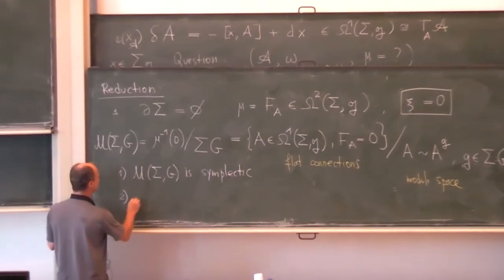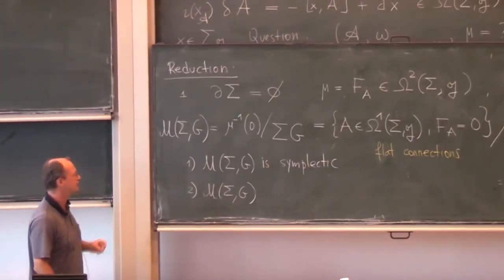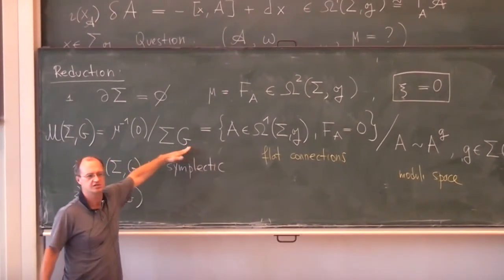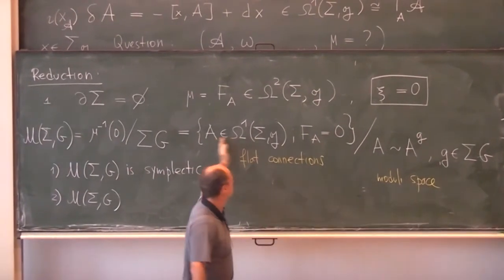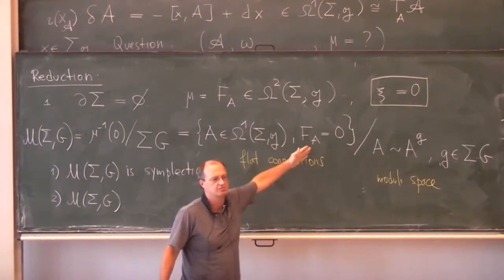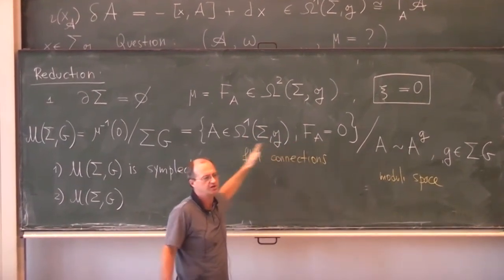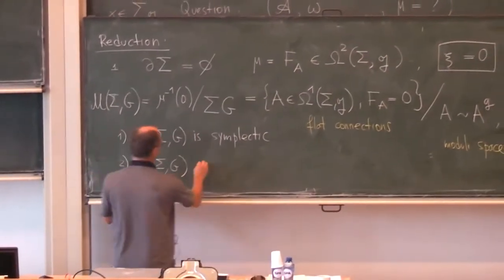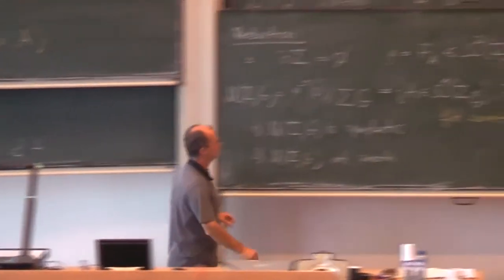But one important remark here, and we'll see a little bit more of it tomorrow and perhaps the day after tomorrow: we divide by this huge infinite dimensional group, so we risk that the quotient will not be a nice space. Almost for sure not a manifold, and at some point we have to discuss what kind of singularities we may introduce here. But at least M(sigma, G) risks being not smooth.